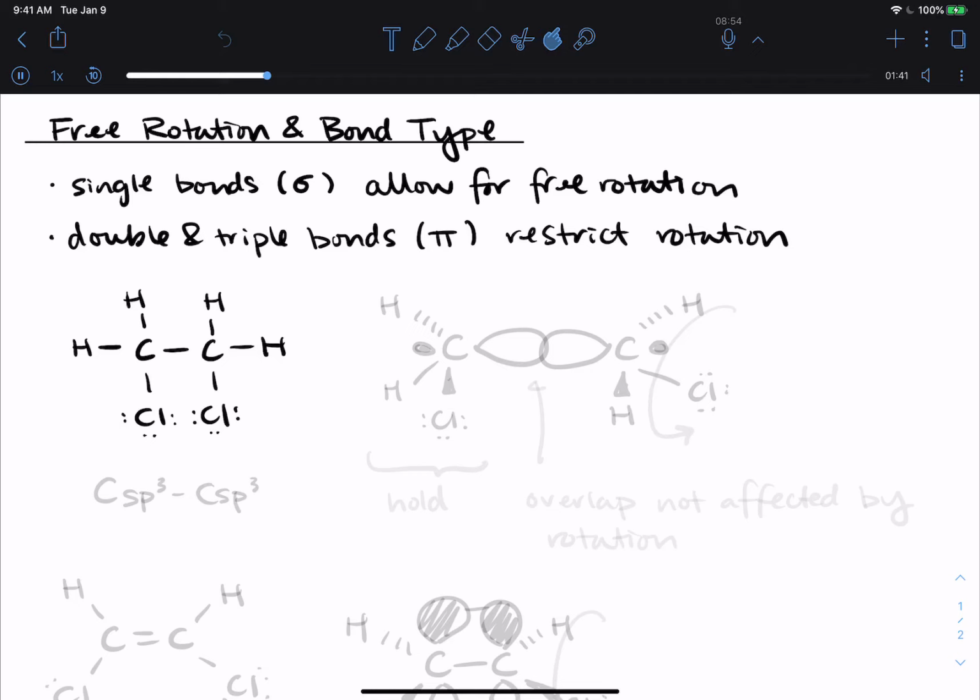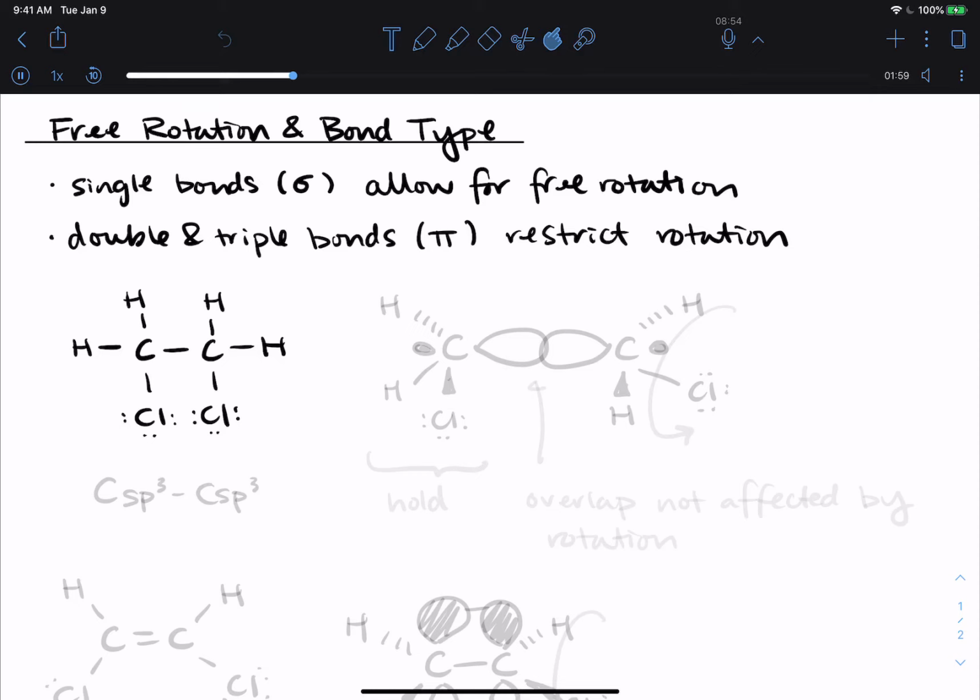And I'm going to draw a picture that shows you why it doesn't matter that I've drawn those two chlorines both on the bottom of my picture. I could have drawn one chlorine on the top and one on the bottom, or two on the top, and you would have the exact same molecule.